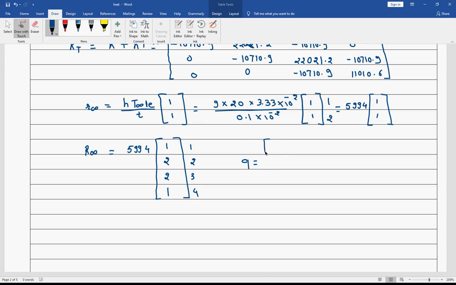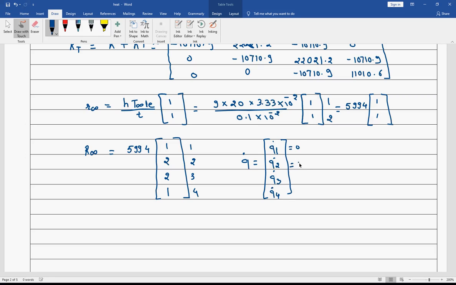So therefore Q is equal to Q1 dot, Q2 dot, Q3 dot and Q4 dot.